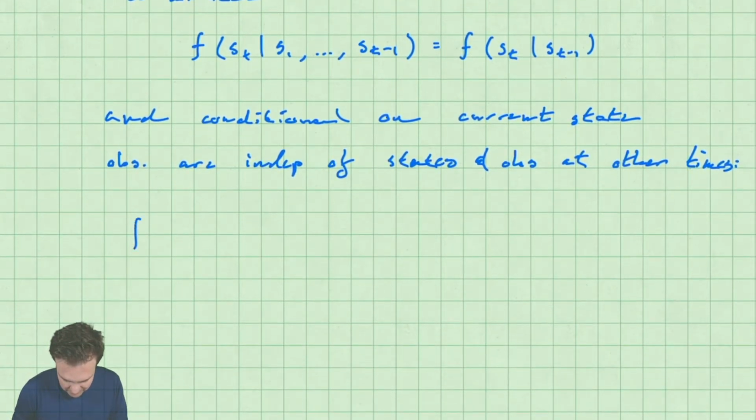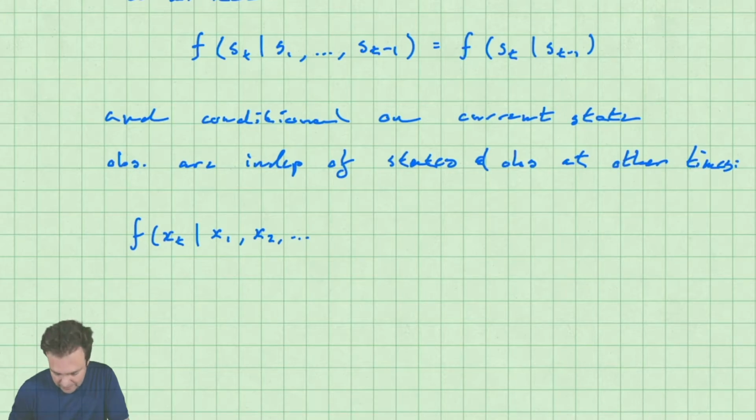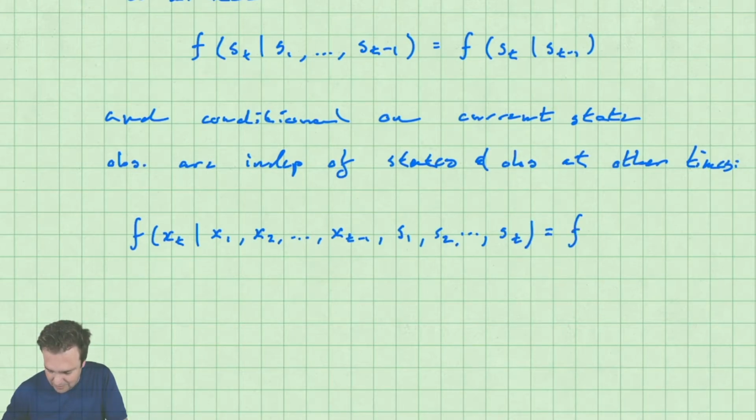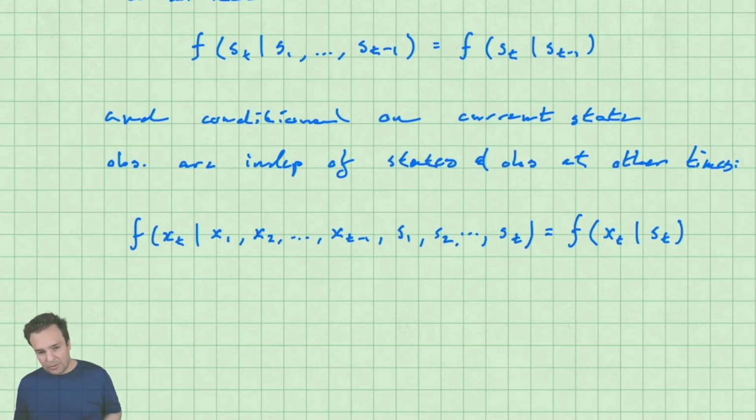So what we're saying is little f of little x sub t given, and then let's say you had a whole bunch of information, that you had x1, x2, and then all the way up to xt minus 1, and S1, S2, all the way up to ST. This is actually just the same as f of xt given st. So it's sort of like the Markovian property, but it's a little bit different because we've got two different processes linked together here.